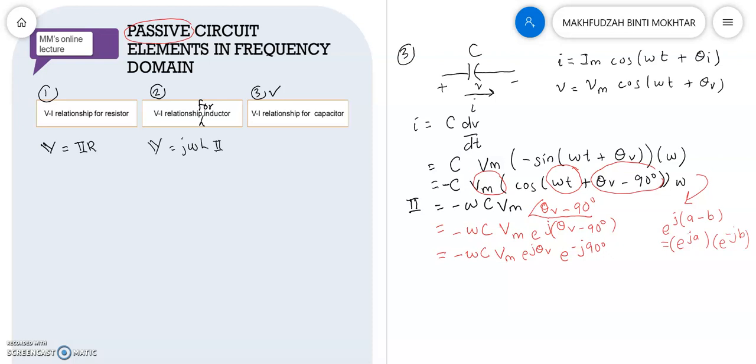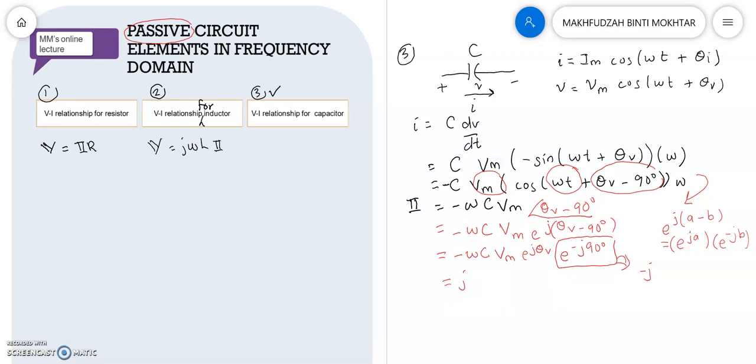And I have mentioned before that exponent negative j 90 degrees equals negative j. So when we simplify, we have negative multiplied with negative j, so you will have plus j.